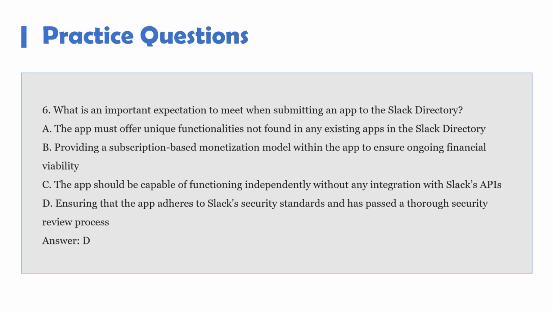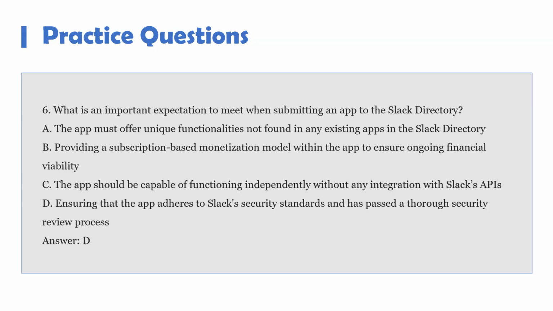6. What is an important expectation to meet when submitting an app to the Slack directory? A. The app must offer unique functionalities not found in any existing apps in the Slack directory. B. Providing a subscription-based monetization model within the app to ensure ongoing financial viability.